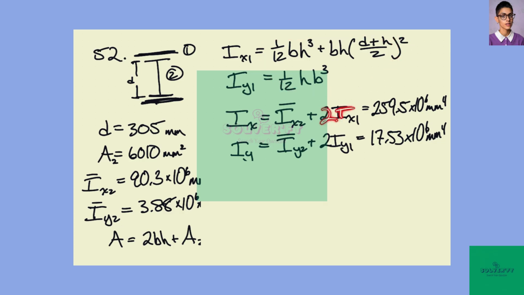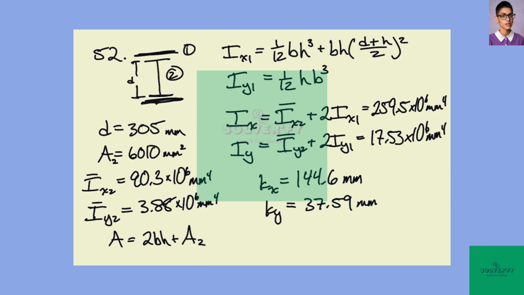And so we get two of those, and we get about 260 times 10 to the 6th millimeters to the 4th for the area moment about the x-axis, and about 17.5 times 10 to the 6th millimeters to the 4th about the y-axis. We can see that it's much bigger about the x-axis than the y because we have much more material away from the x-axis than we do from the y-axis. So that makes sense.